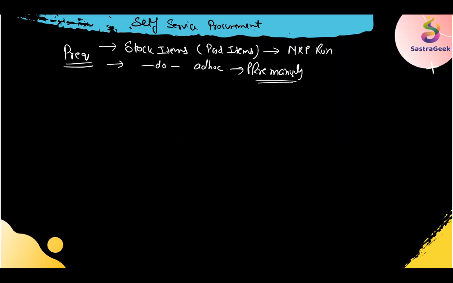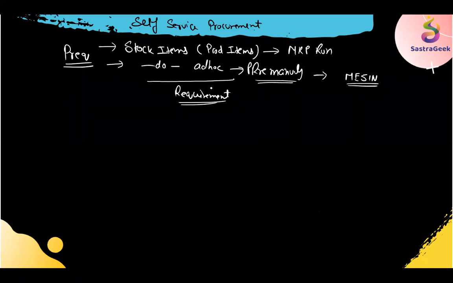Now, when you create a purchase requisition manually, let's say with transaction ME51N, this transaction is quite complicated, because creating a purchase requisition manually is a requirement of a material. For stock items or production items, the MRP can generate them, but there is a huge amount of items a business will require, and you would not have a single person creating the requirements.